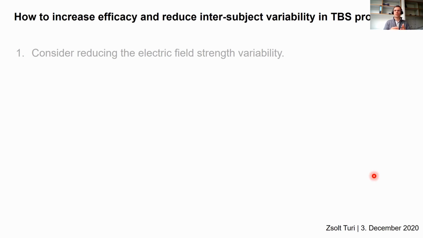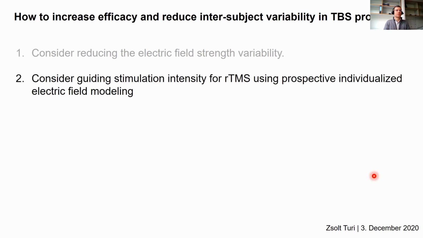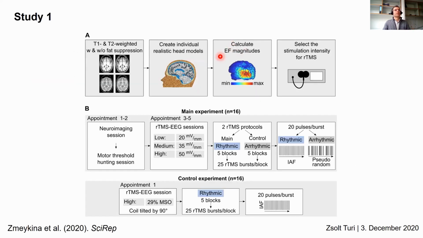But the question is whether this can be used in a real experiment. So next, I would like to show two examples where we in fact use this approach, namely that from each participant, we created individualized realistic multi-compartment head models, and we performed prospective E-field simulations in order to set the stimulation intensities for the rTMS session.